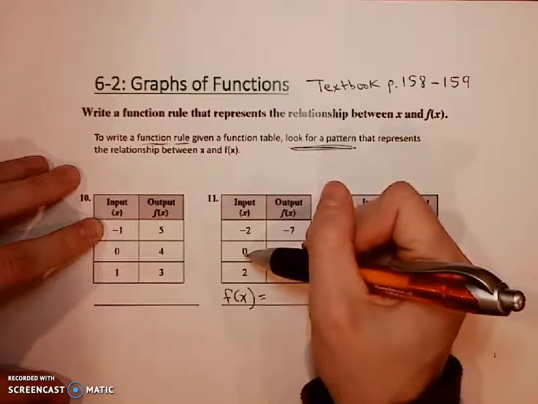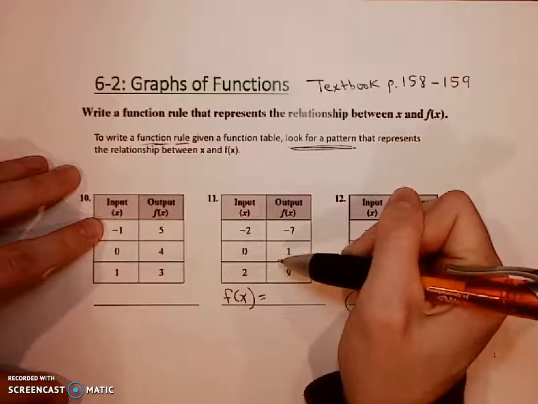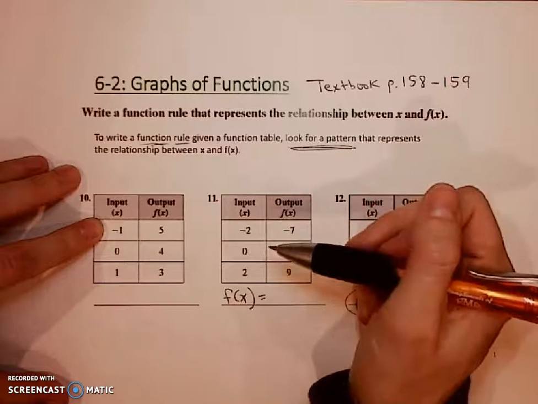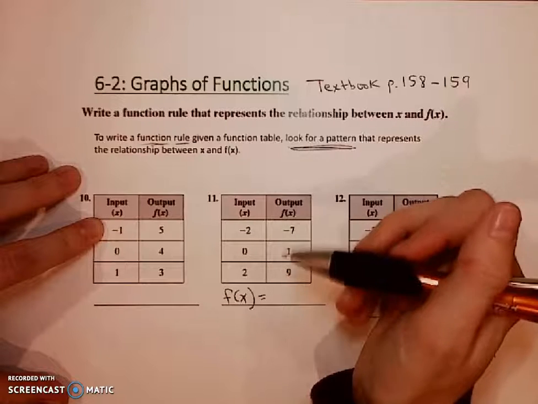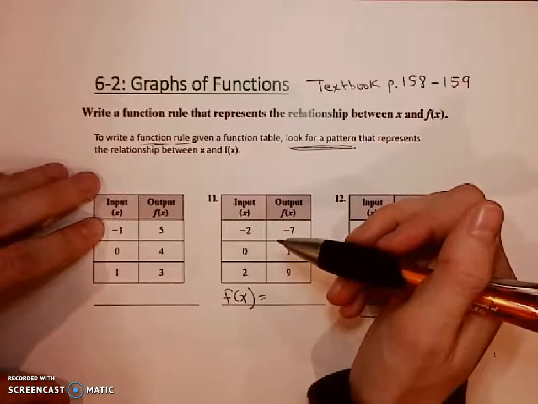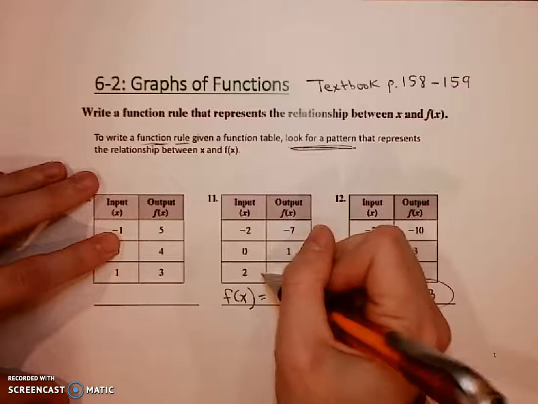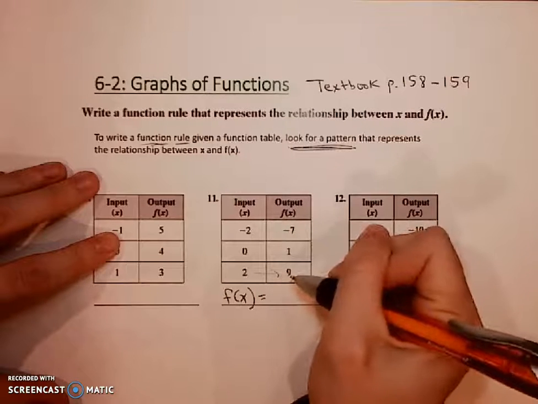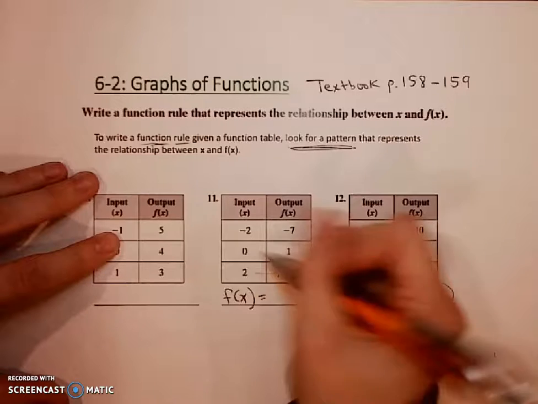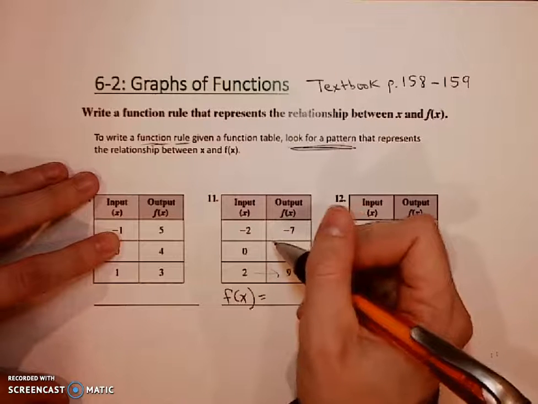When you go from smaller to larger, after you try subtraction, addition, multiplication, and division, you would then go to a two-step equation. For example, how do I get from 2 to 9? Plus 7 doesn't work, times 4.5 doesn't work. So now I'm going to try a two-step equation.